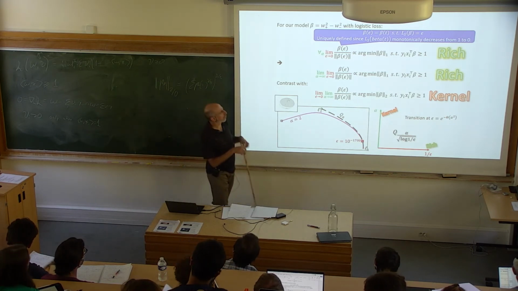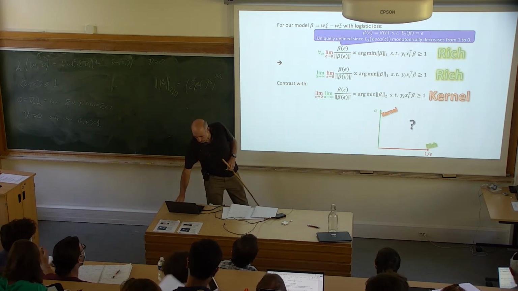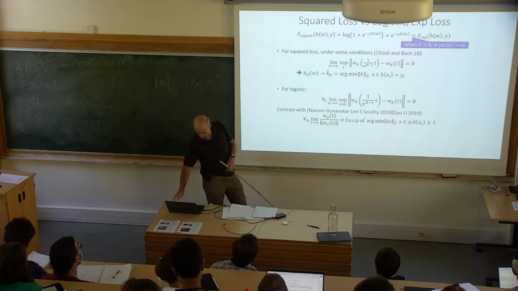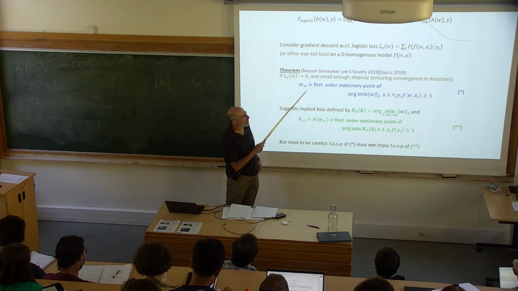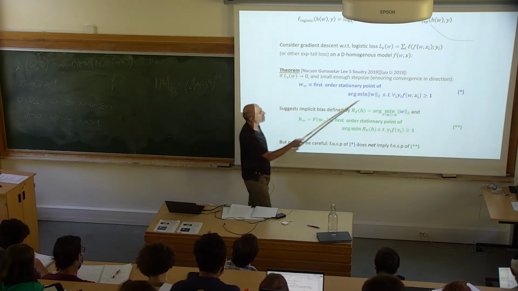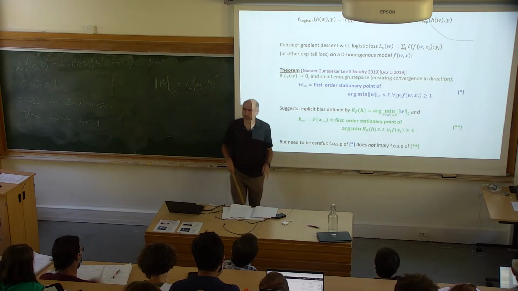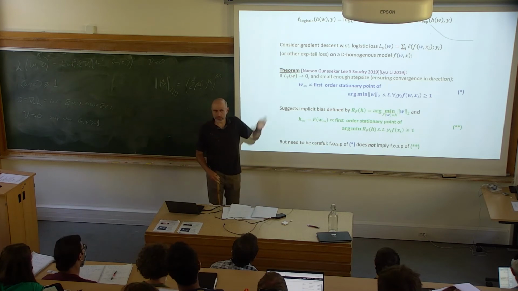We have this very generic asymptotic result that tells us that for any homogeneous model, minimizing logistic cost by gradient descent is the same as minimizing the L2 norm in parameter space. I could be fine with this asymptotic result.